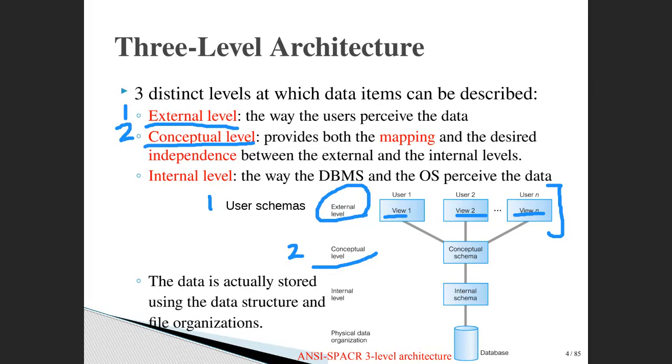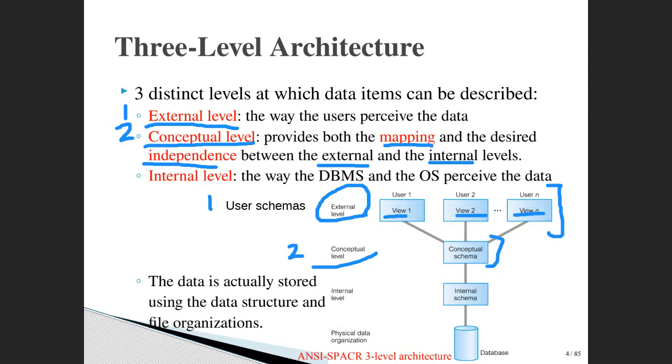All right, so the data is stored logically in the conceptual level, and it will provide mapping between two levels, between external and internal. There will be both mapping and the desired independence. So there will be mapping and independence between the external and internal levels. It comes in between, right? This comes in between the external and internal.